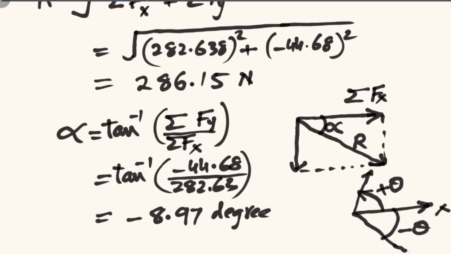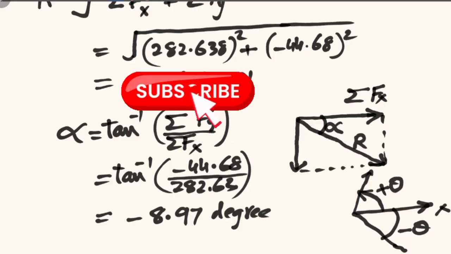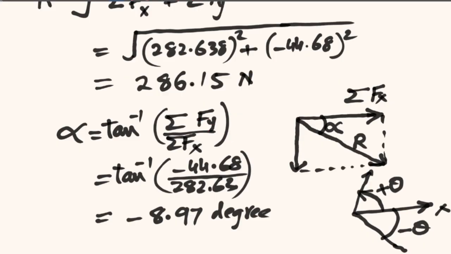So this way now we have come to the end of this question, because we have calculated the value of R, which is the resultant magnitude, and also the direction of the resultant force.